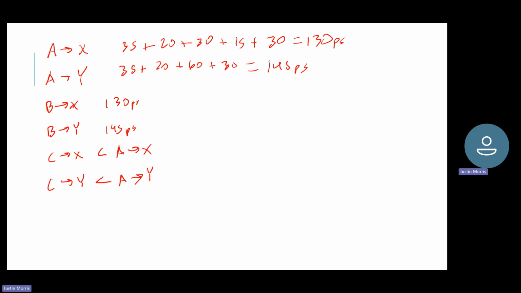So that means that our F max is 1/145 picoseconds.